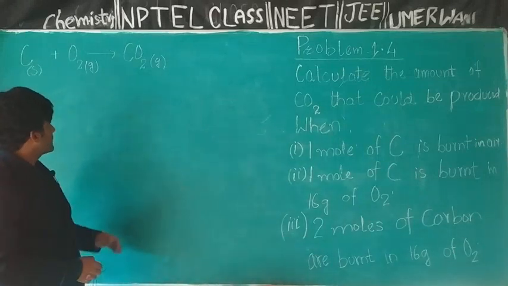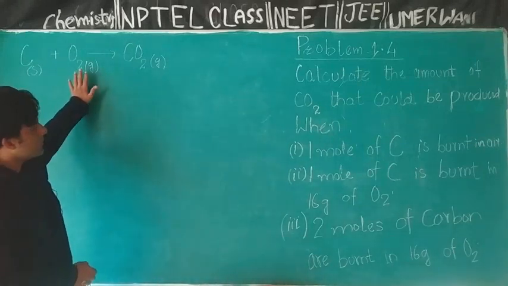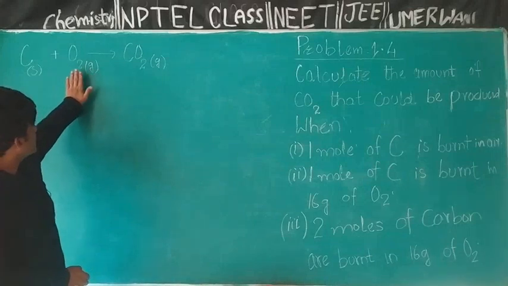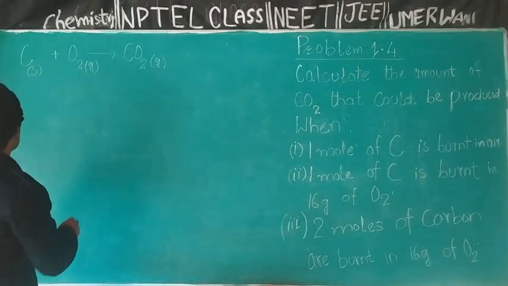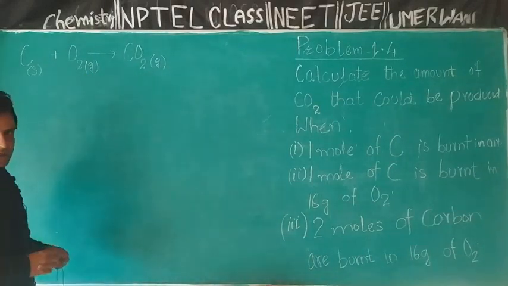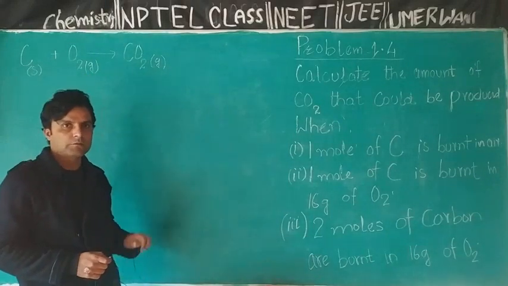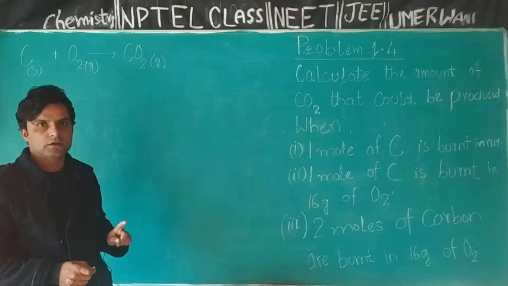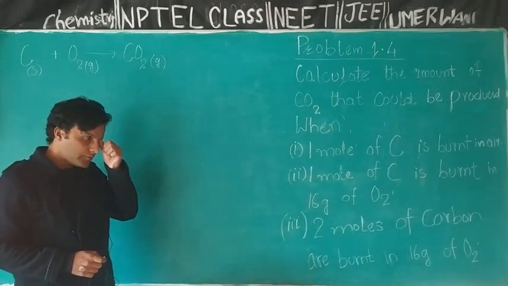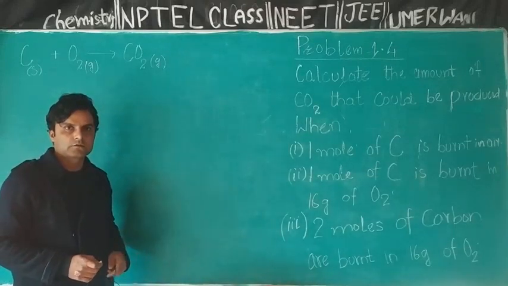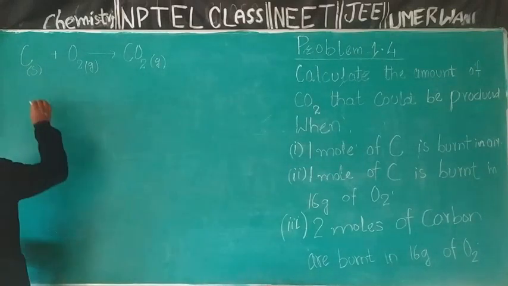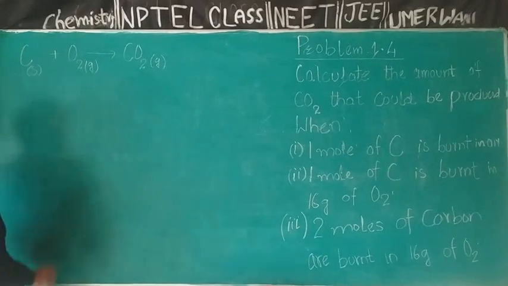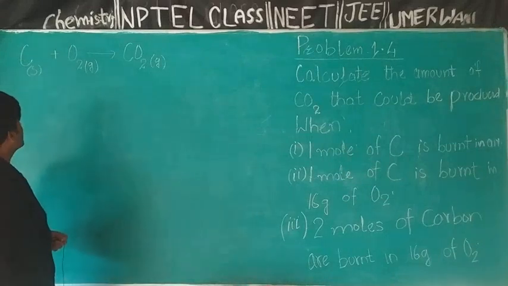I said that the solution of any problem based on a chemical reaction requires the idea of, number 1, reaction stoichiometry, and number 2, limiting reagent. Now, I will give you the first idea, reaction stoichiometry.